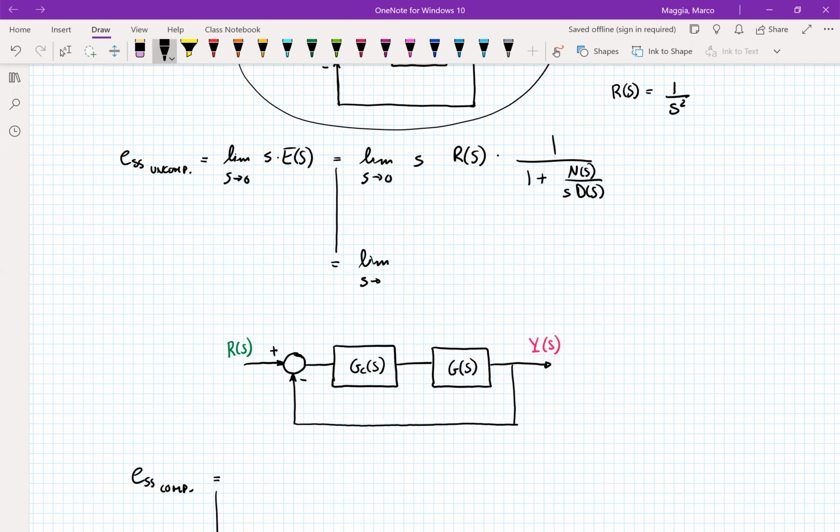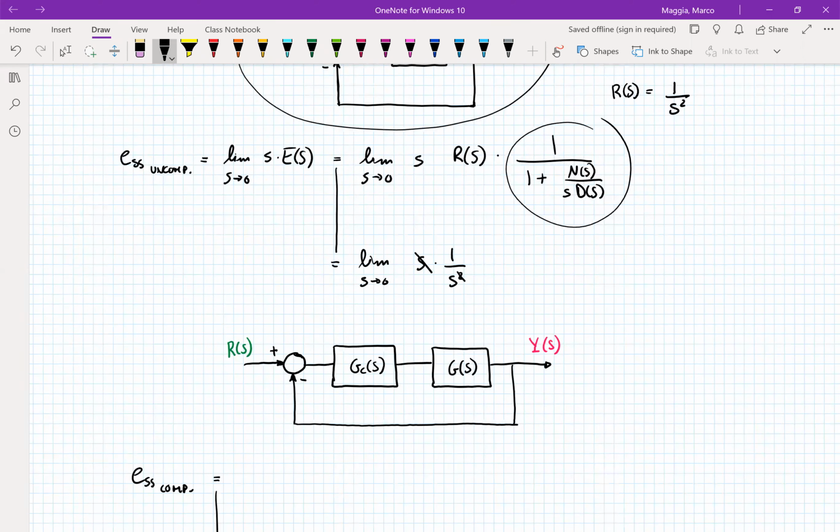Now substituting the fact that r of s is a ramp input, so it's 1 over s squared, the s cancels with the square at the denominator. Then we rearrange this fraction.